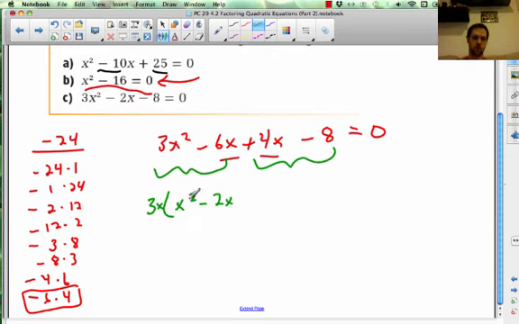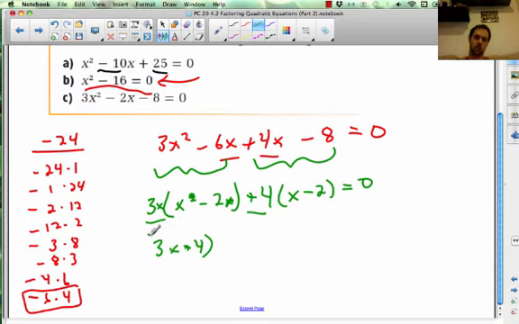So 3x times x minus 2. And then here we can take out a 4, and 4 would be times x minus 2 equals 0. So we have our two terms, 3x plus 4 times x minus 2 equals 0.